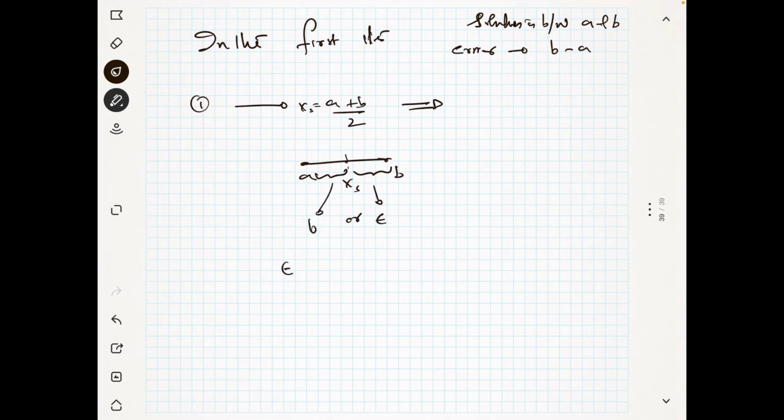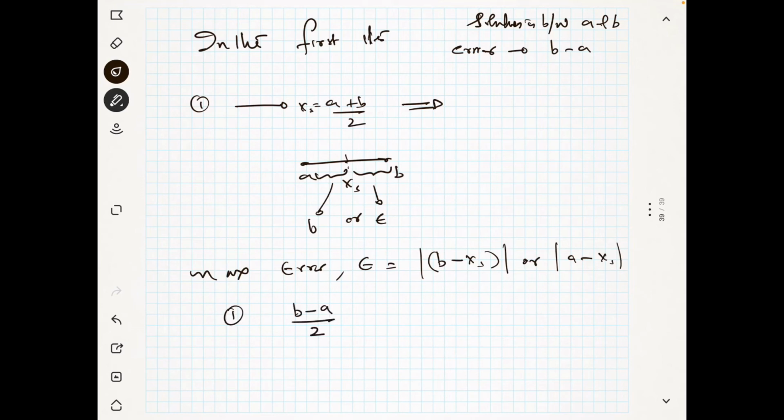That means your maximum error epsilon is equal to the absolute value of b minus x, or a minus x. So in the first iteration, you are getting b minus a divided by 2 as the error.